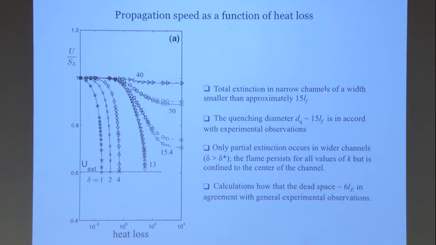And this is just a summary of what you see here. Total extinction happens in a narrow channel of width smaller than approximately 15 times the laminar flame thickness. The quenching diameter is about 15 times the laminar flame thickness, which is not very far from what is observed experimentally.